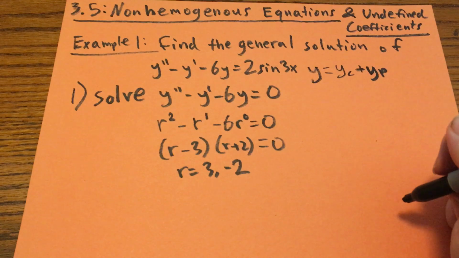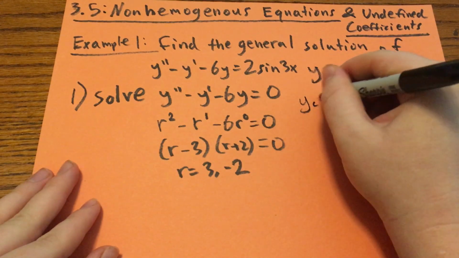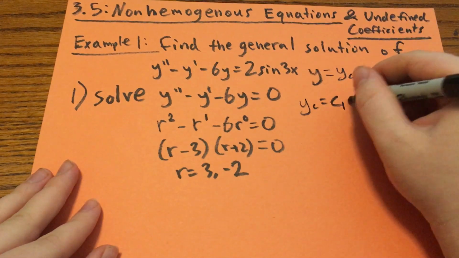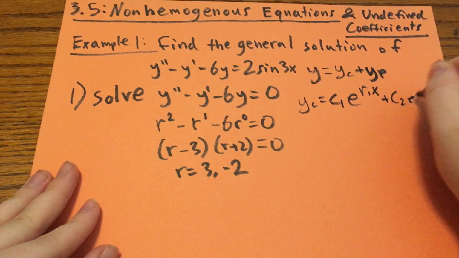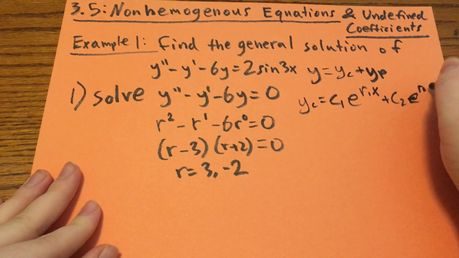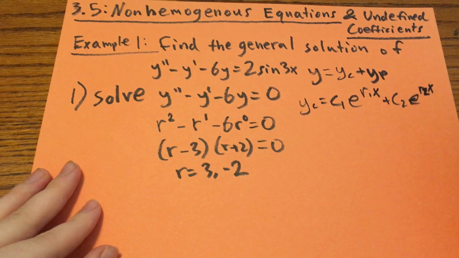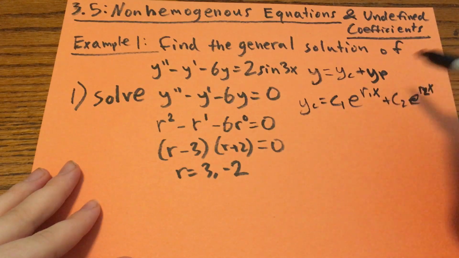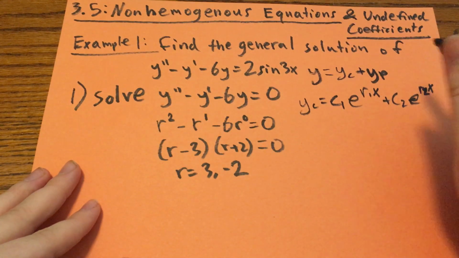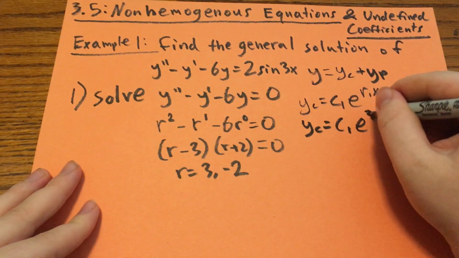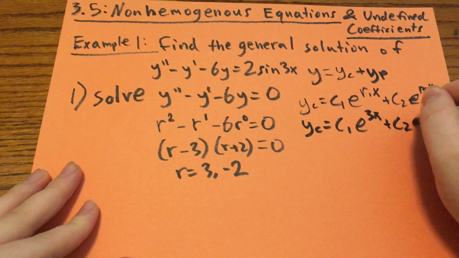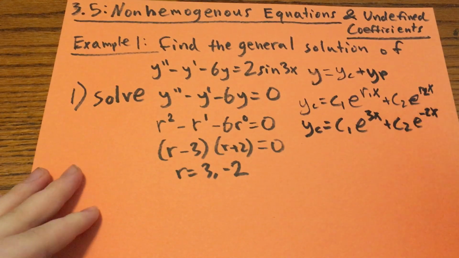There are formulas for each of those scenarios, and for this scenario, it is y sub c equals c1 e to the r1x plus c2 e to the r sub 2x, and we know r sub 1 and r sub 2 are just 3 and negative 2, so y sub c equals c1 e to the 3x plus c2 e to the negative 2x.